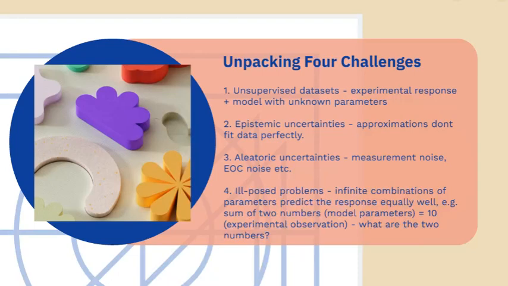So if I now do an experimental observation of the output of my model, and I say the output that I observed was 10, can you tell me the two numbers that I added? And the reality is you can't. There are an infinite number of options available. So you can't tell me the exact correct model parameters, but you can give me a set of infinite number of them. And that's really what we mean with ill-posed. There are many combinations, or many solutions, to the same answer.